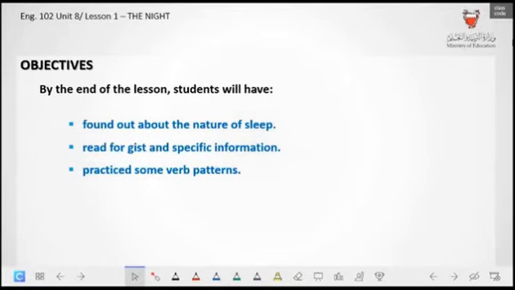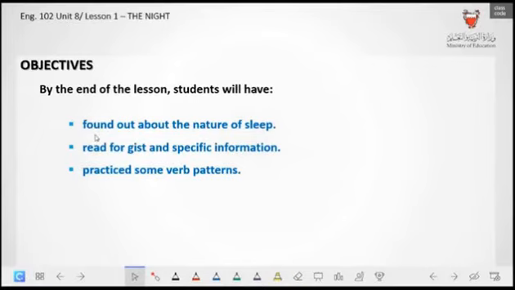So maybe you can use the internet to find out about the animals that do not sleep, and find more information about this. Bear this in mind when we finish the lesson today.